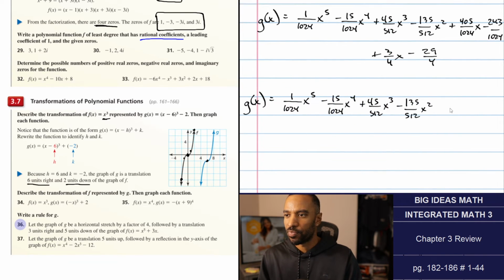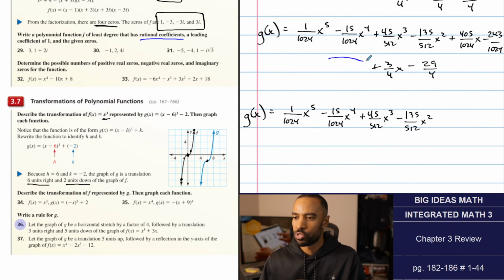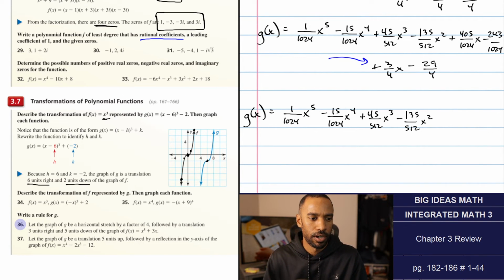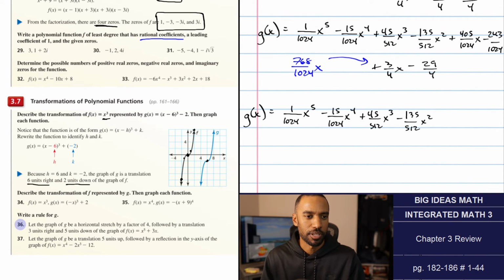Copy those and paste them right here. Okay. The last sets here, I need to turn 3/4 into something over 1024. So 1024, I think it's 256. Yeah, multiply that by 3. So I got 768. So this is 768 over 1024x. And 1024, so now common denominator, 405 plus 768 is 1173. Let's see if that reduces with 1024. I'm going to guess not.